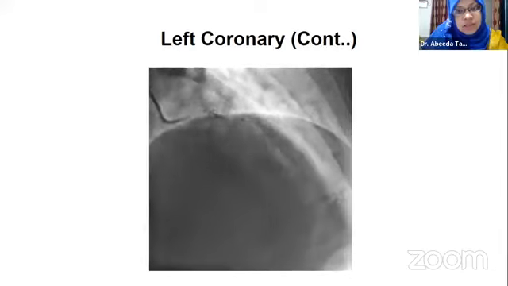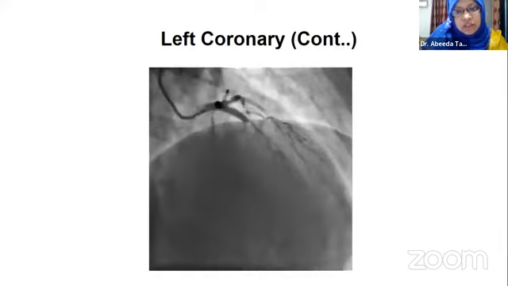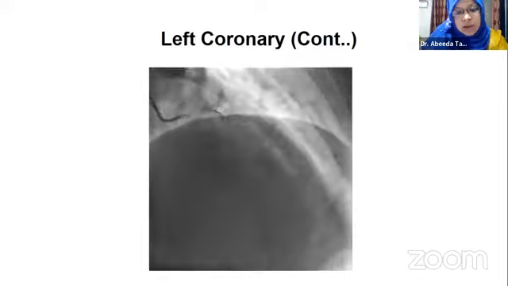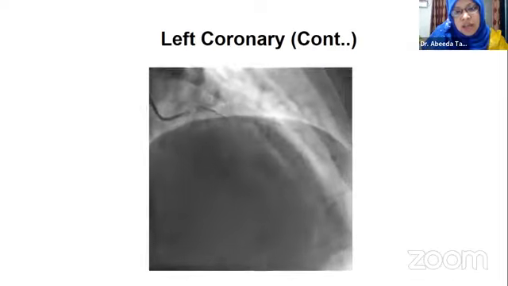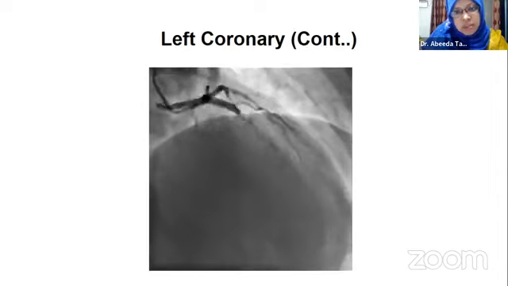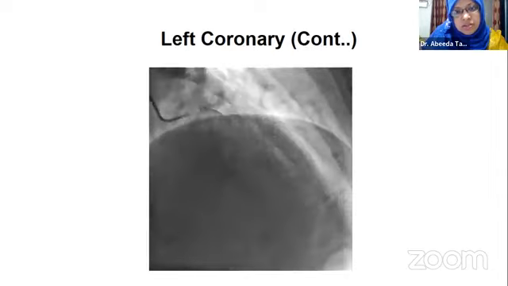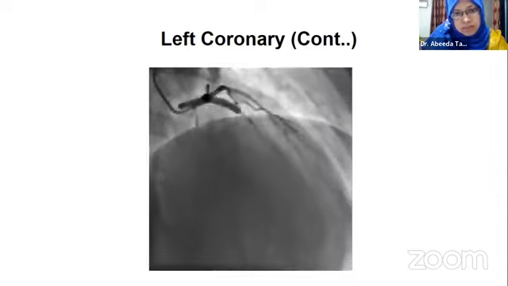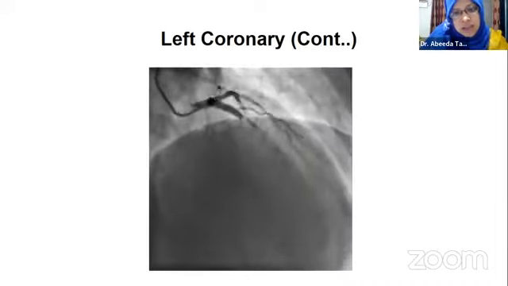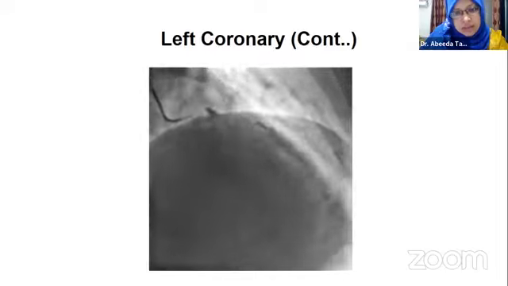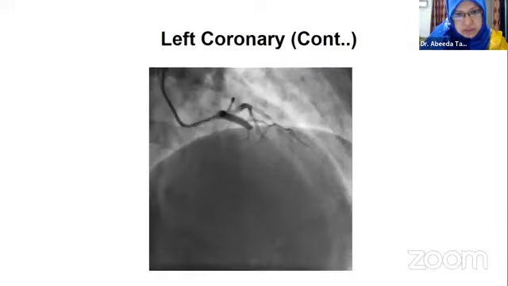There was some mild LV systolic dysfunction in the ejection fraction, but as the patient party took no time to make the decision, we could take the patient to the cath lab very soon. And the end result was good, apparently.